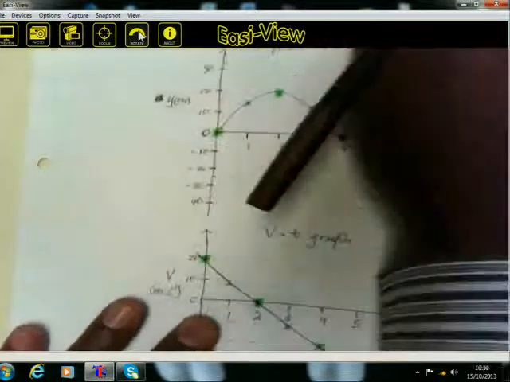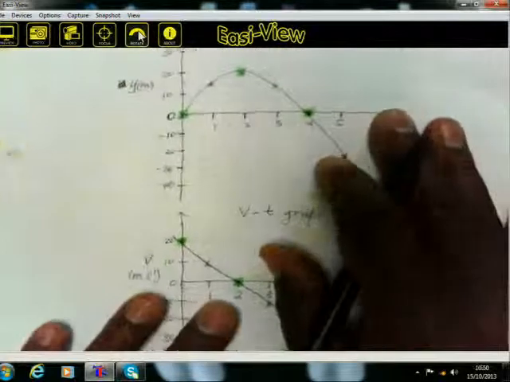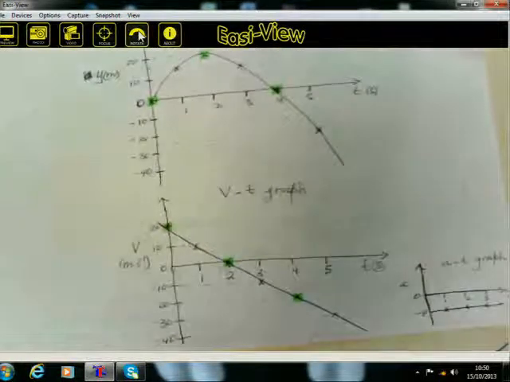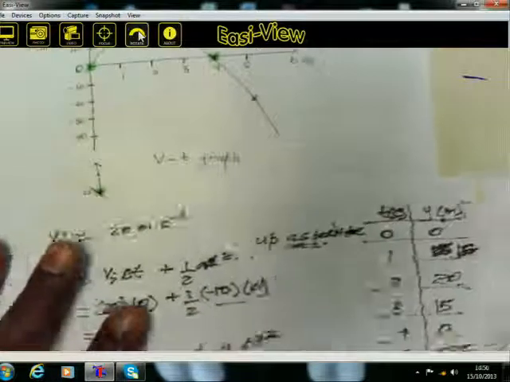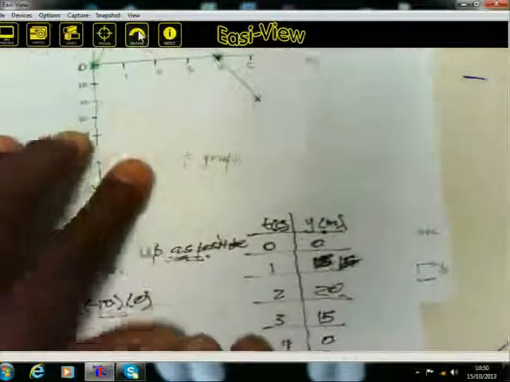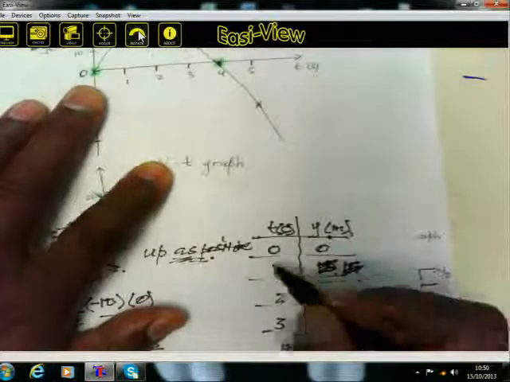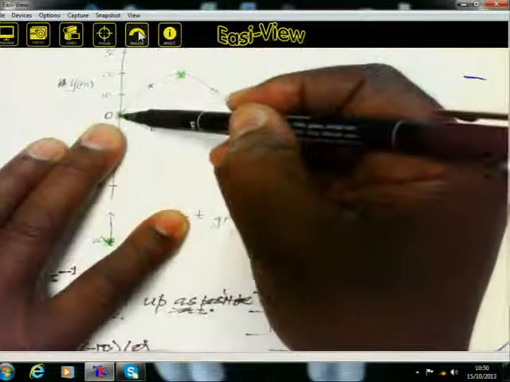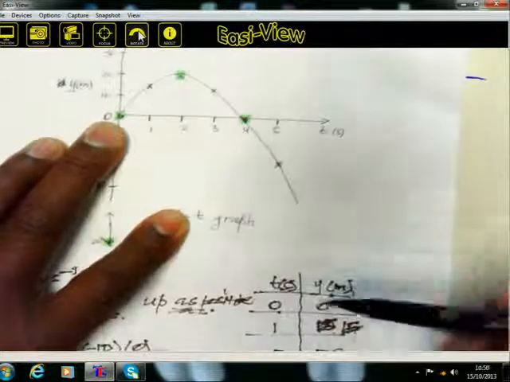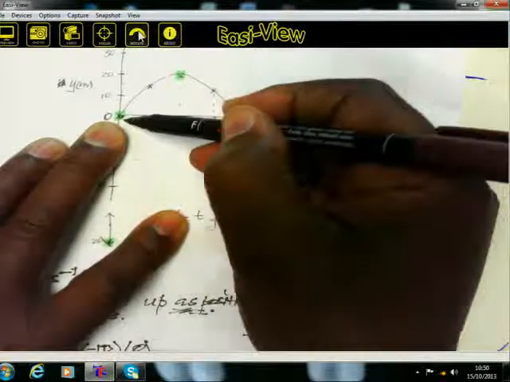We can go on to draw the graph for that object. I've already done this. You will notice that when t is equal to 0, the position will be equal to 0.